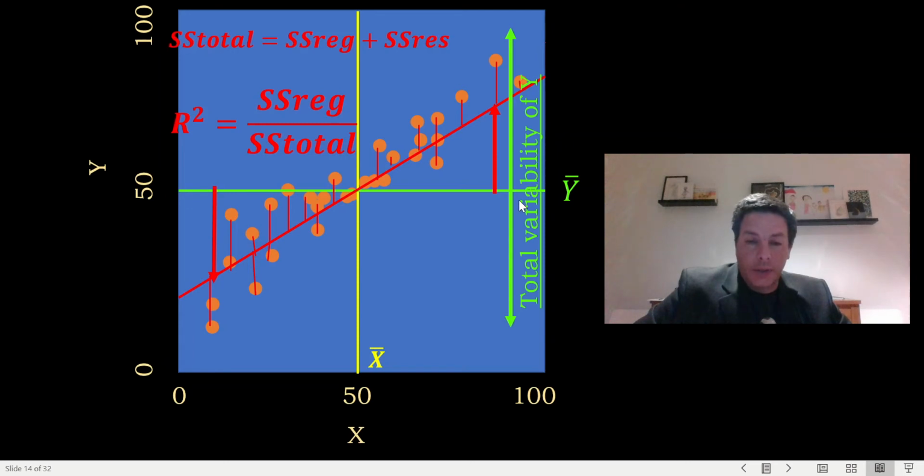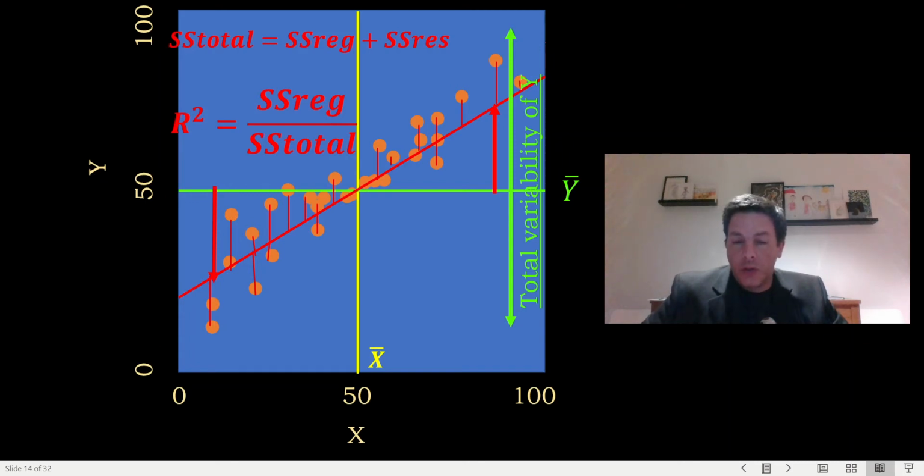It's calculated by, for each of the orange dots, indicating the distance between that dot and the mean of y. That's the way we calculate the variance and the standard deviation. We subtract the mean from each of the possible values, then we square them, and then we add all those values. And that's the sum of squares. So the sum of squares total will be this in this case.